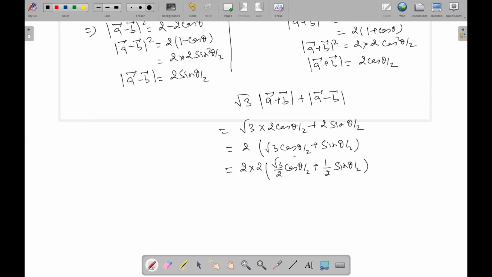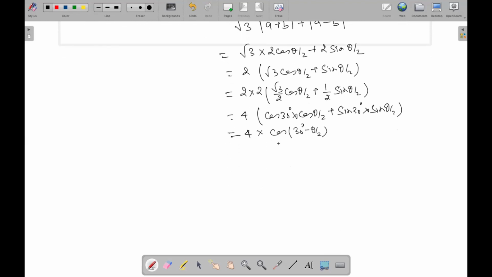And I can say that root 3 by 2 is cos of 30 degrees, and this is cos theta by 2. And then this is sin 30 degrees into sin theta by 2. And then I could say this is 4 into cos of 30 degrees minus theta by 2.